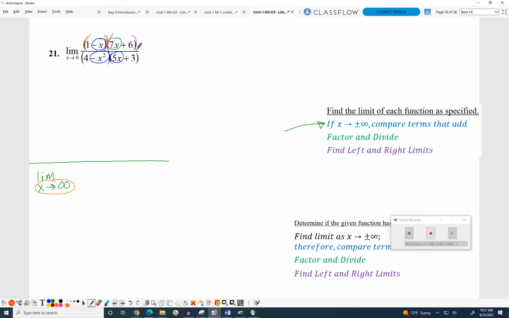So I have to make sure I keep them as multiplying. So down here, my new limit problem is going to be negative x multiplied by 7x. And then what would the bottom look like, Dylan? Negative x squared, 5x. 3 points for Dylan. Questions?